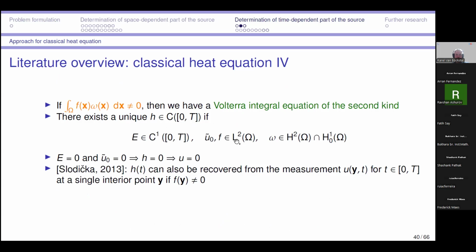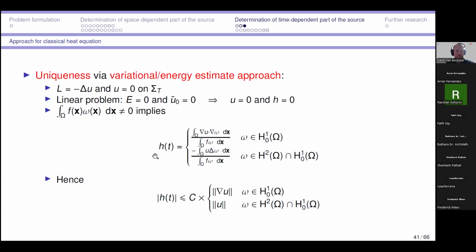So under these conditions, when the measurement is equal to 0 and the initial data is equal to 0, h is equal to 0. And when h is equal to 0, from the closed formula we get u is equal to 0. So basically the approach is to reduce the problem to a Volterra equation of the second kind for the autonomous heat equation.